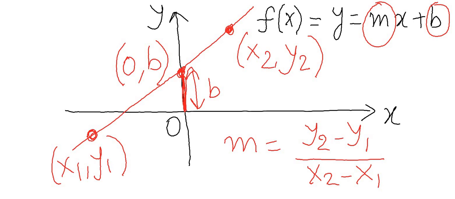So to define a line, all you need are 2 points. One of those 2 points could be the point at which the line intersects the y-axis.